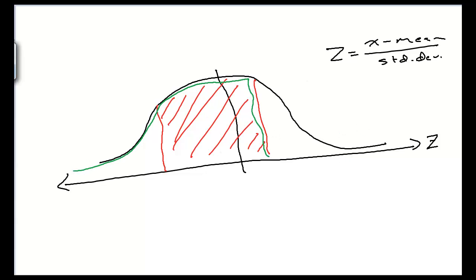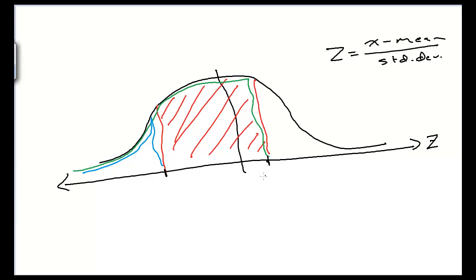And then I can find this area right here, which represents the part of the green outlined area that I don't want. So I would take the area to the left of here and subtract from it the area to the left here.